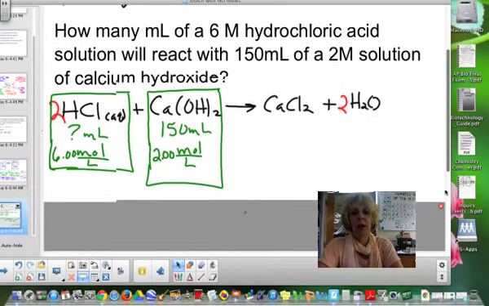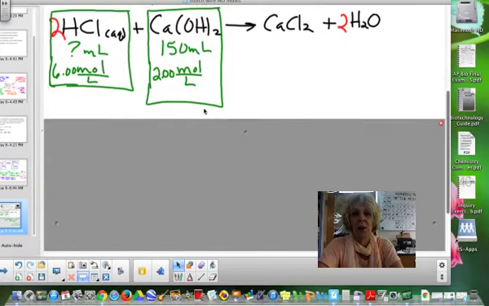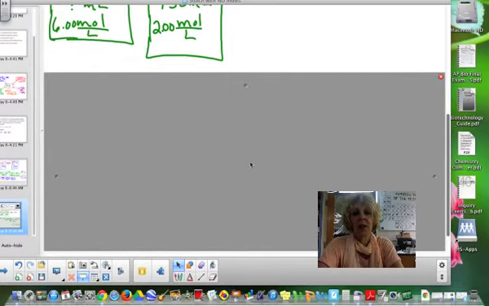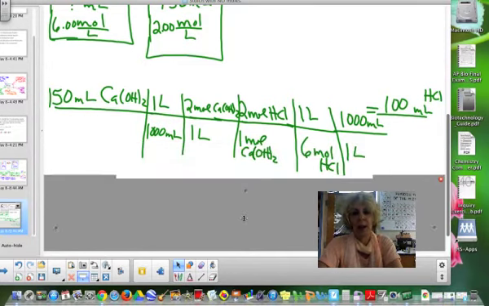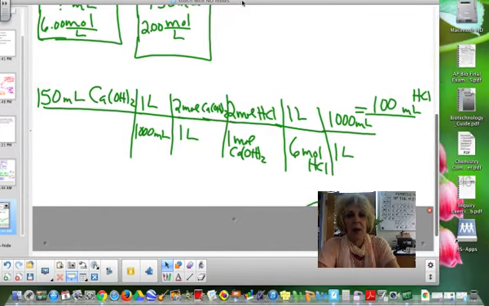First thing we're going to do is we are going to get to moles, and I'm going to start with the calcium hydroxide. So in order to get to moles from the calcium hydroxide, I am going to convert milliliters to liters, and now I can use my molarity. So I'm going to use my 2 moles per liter. That is my molarity of my calcium hydroxide.